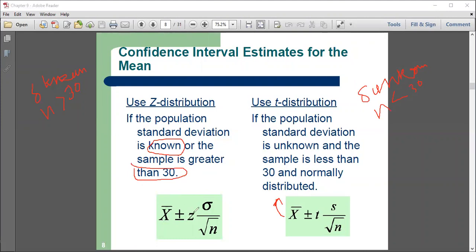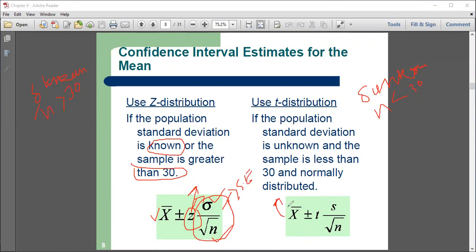And we will put in the values according to the given information. This will be x bar, the sample mean, and z from the Z distribution. We will see the value from the table for the given confidence interval. This is the standard deviation and this is the number of observations, n. This term is basically the standard error.